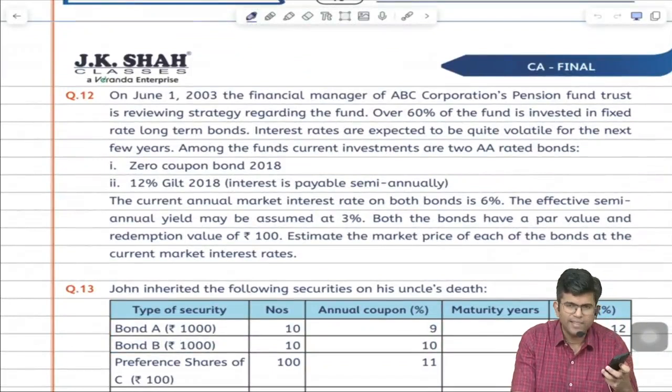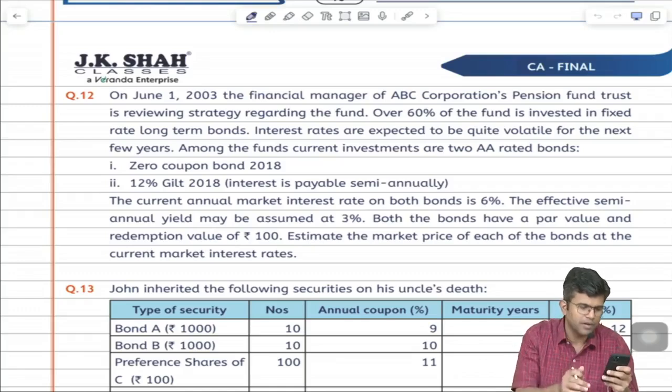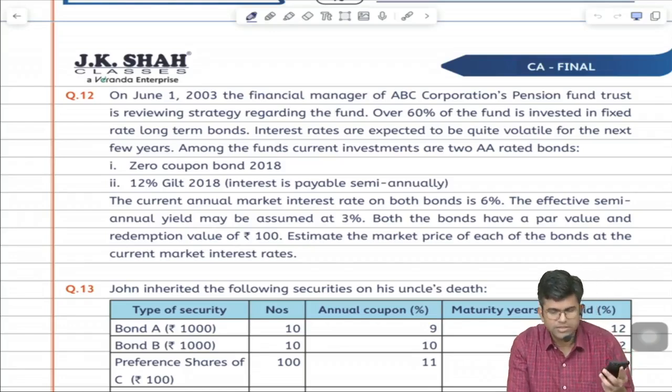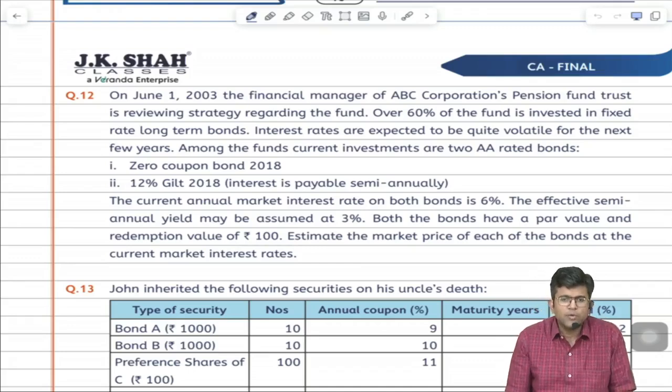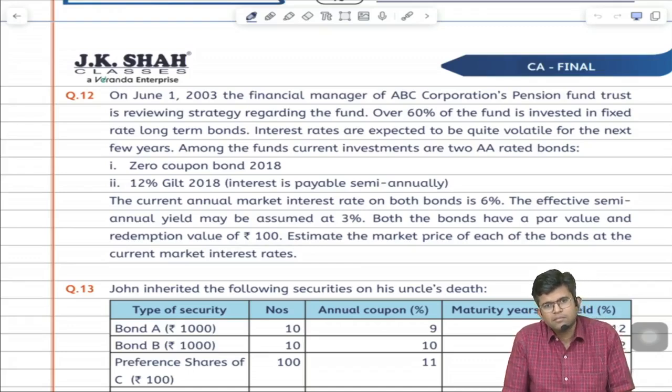Okay, we'll do 12th. Question number 12. 8 we'll do tomorrow. Question 12, last question for the day. Please read. The solution is smaller than the question.